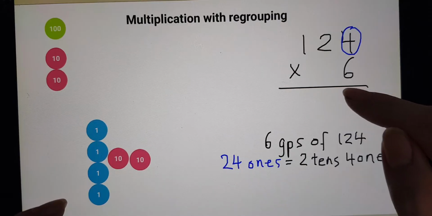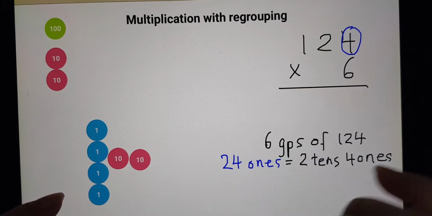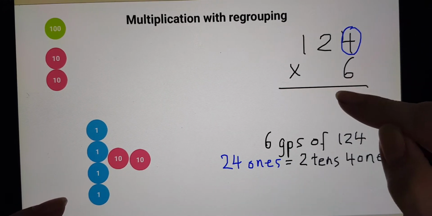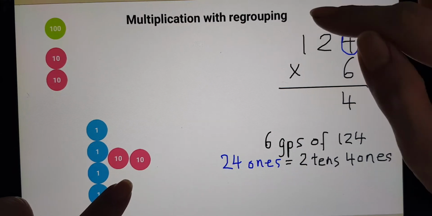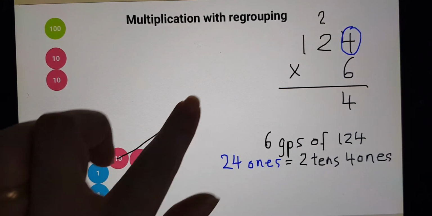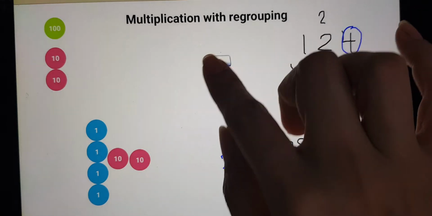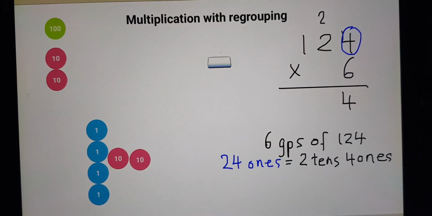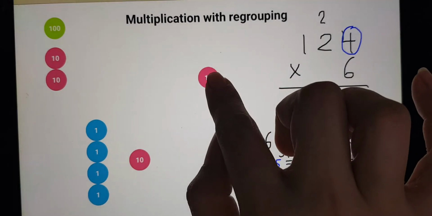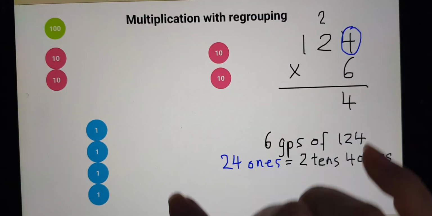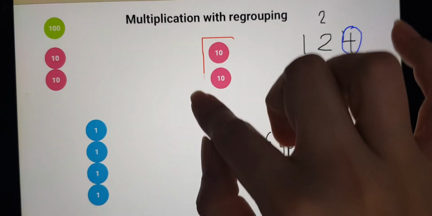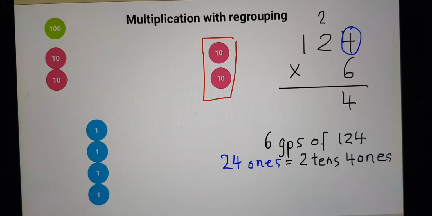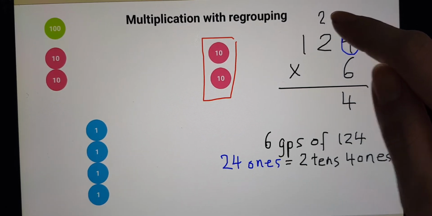So I'm going to write the 4 ones in the ones place here. And the 2 tens, I'm going to put together with the tens. I'm going to remember these. Let me just circle that to know that I regrouped this one. Yep, this was regrouped there on top, 2 tens.